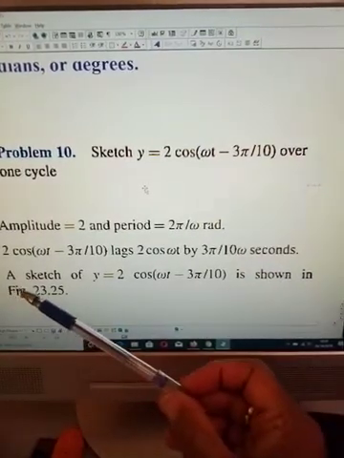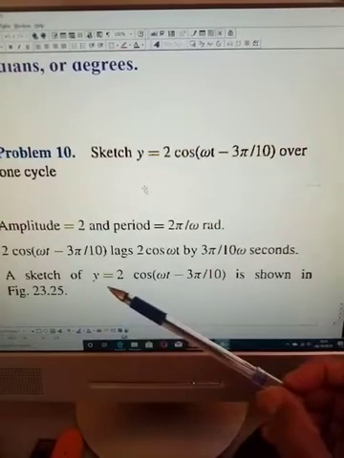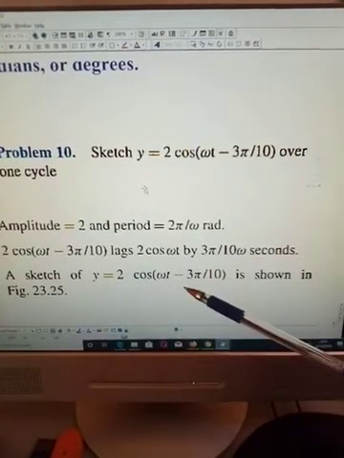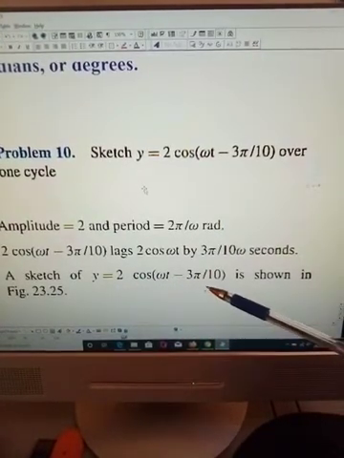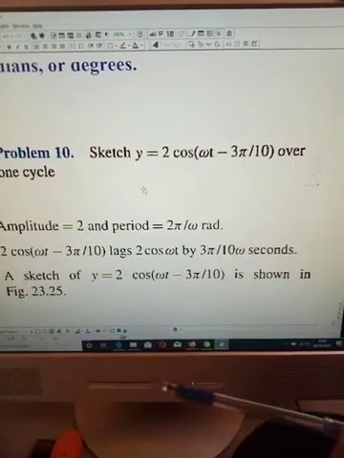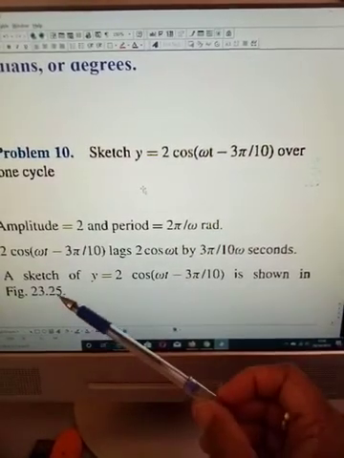Now a sketch of y equals 2 cos(omega t - 3 pi/10) is shown in figure 23.25.